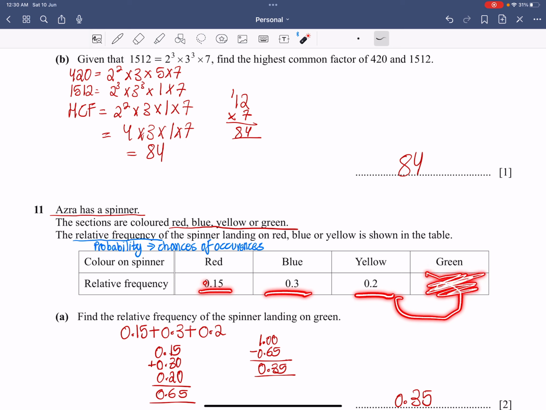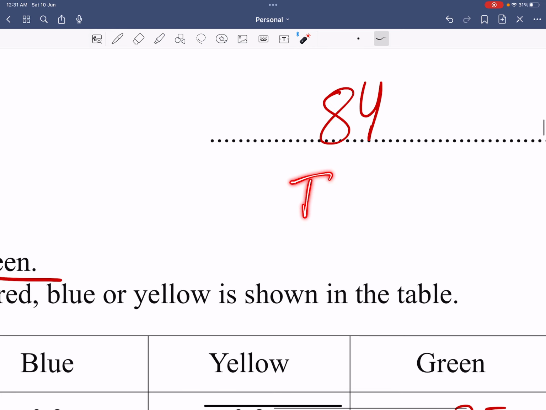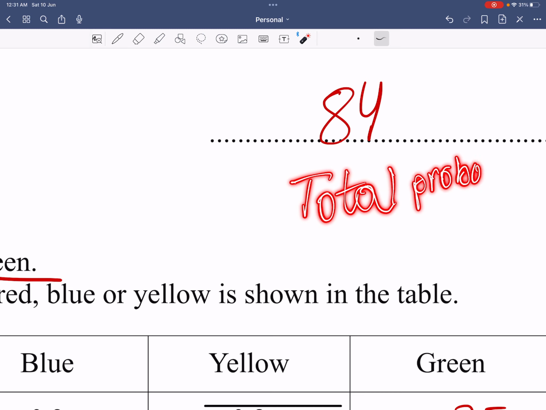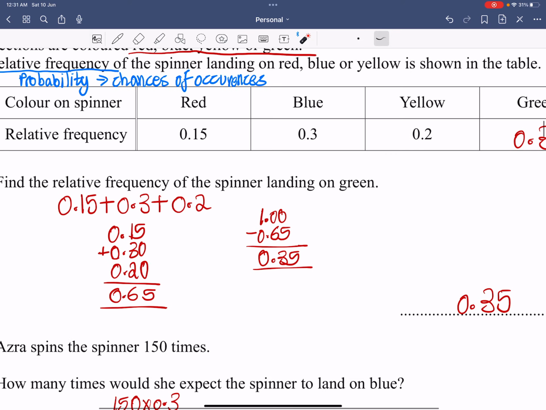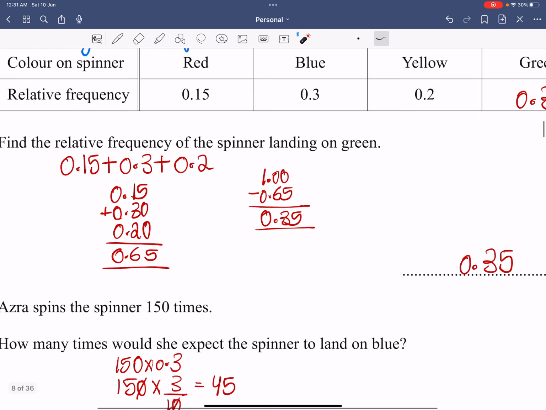So what we'll do is we'll add these, 0.15 plus 0.3 plus 0.2, to get 0.65, and since the total probability, remember, the total probability is always equal to what? 1. Total probability is always equal to 1. So we'll subtract this total from 1 to get 0.35, and this will be our answer.